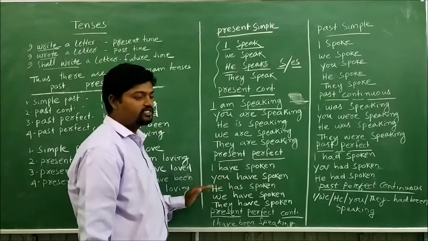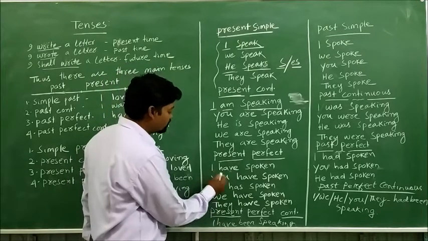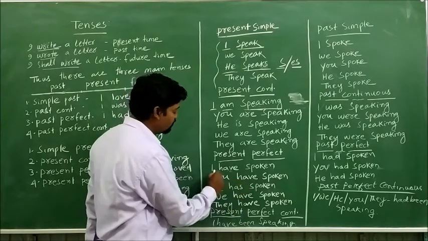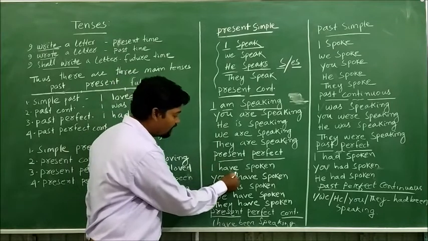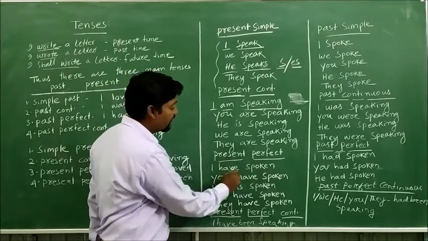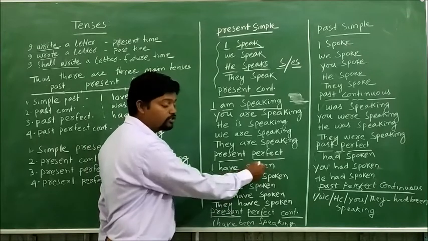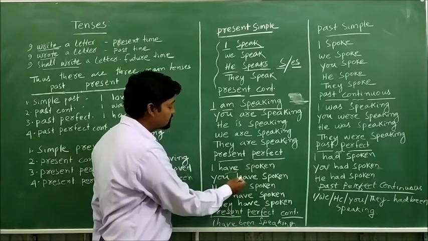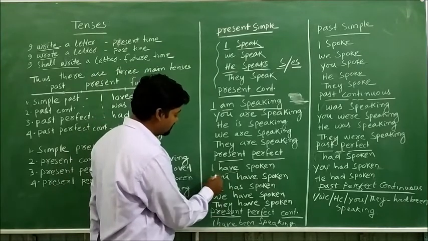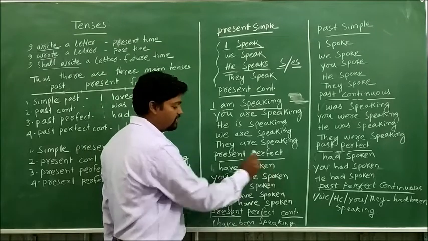The subject and helping verb should agree with each other. We don't use you has spoken. It's wrong. We also don't say I have spoke. We have to use correct forms: I have spoken.